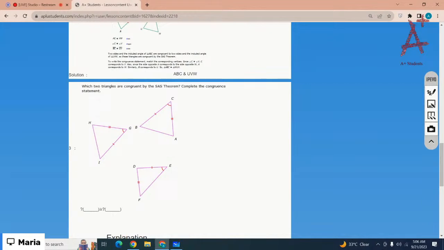So ABC and GHI are exactly congruent because GH is congruent to AC, GI is congruent to CB, and angle G is congruent to angle C, right? Okay, let's start with the practice questions.